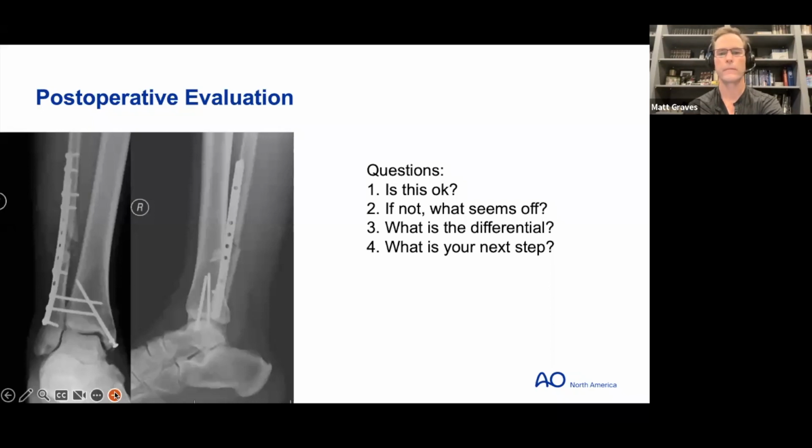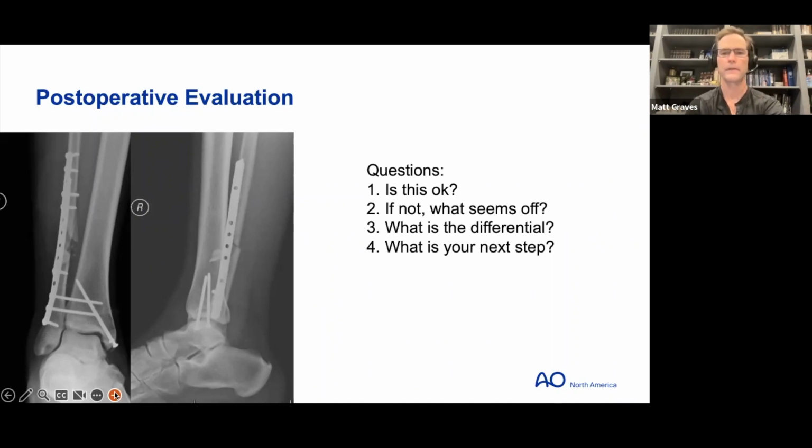And then on the mortise view, it doesn't look concentric. The fibula matches the talus perfectly, but it doesn't match on the medial side, so there's got to be some rotational problem there, or at least it would appear that way.